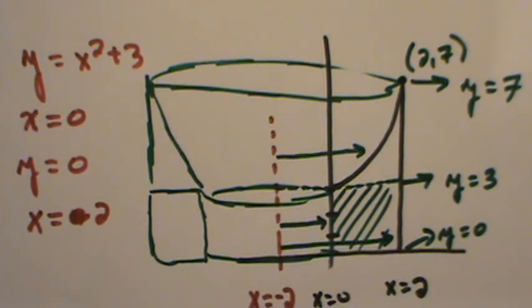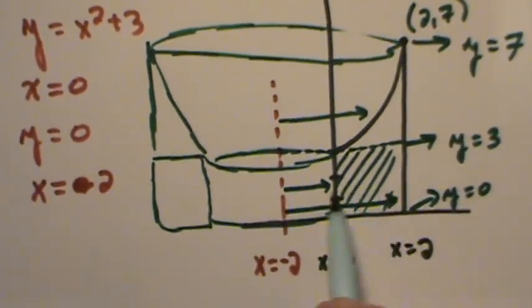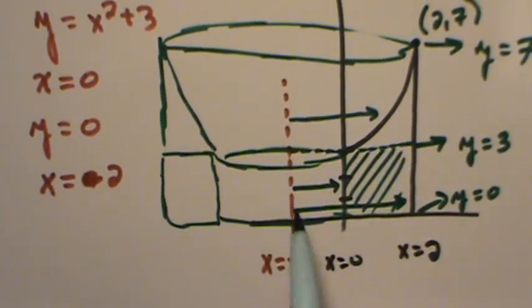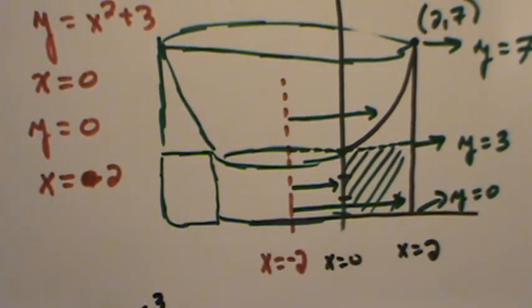My volume for this first piece is simply running all the way out to here. Now this distance would be 2 minus negative 2, that's 4 units long. So I'd go the integral from 0 to 3, and those are y equals 0 to 3, for 4 squared, that's the big radius, and I put a pi right on there, minus, now the little radius.